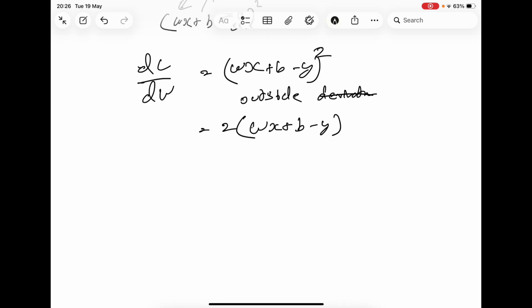So this is the outside, and we'll take this part and find the derivative.